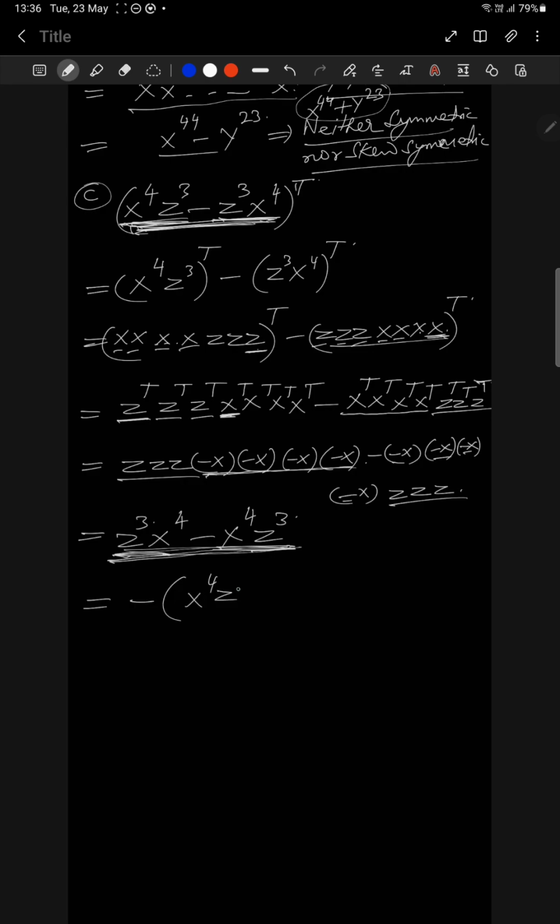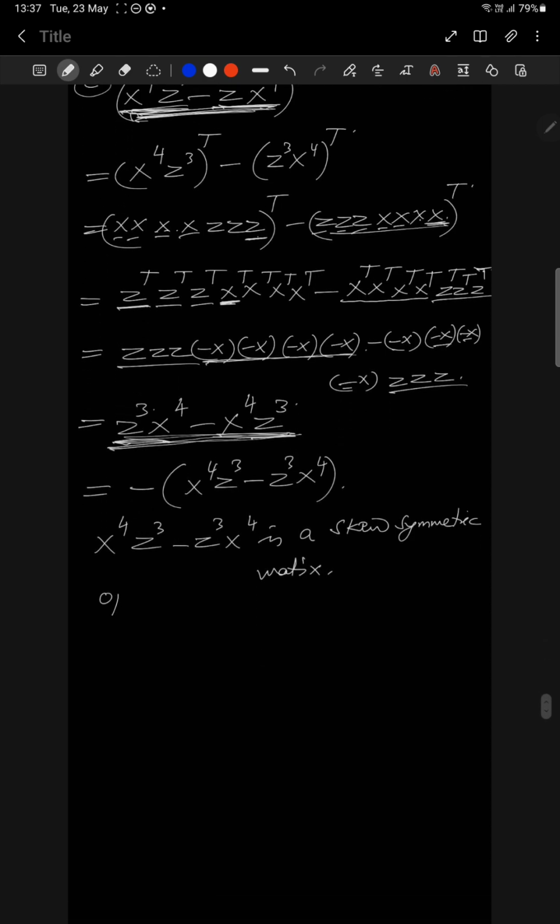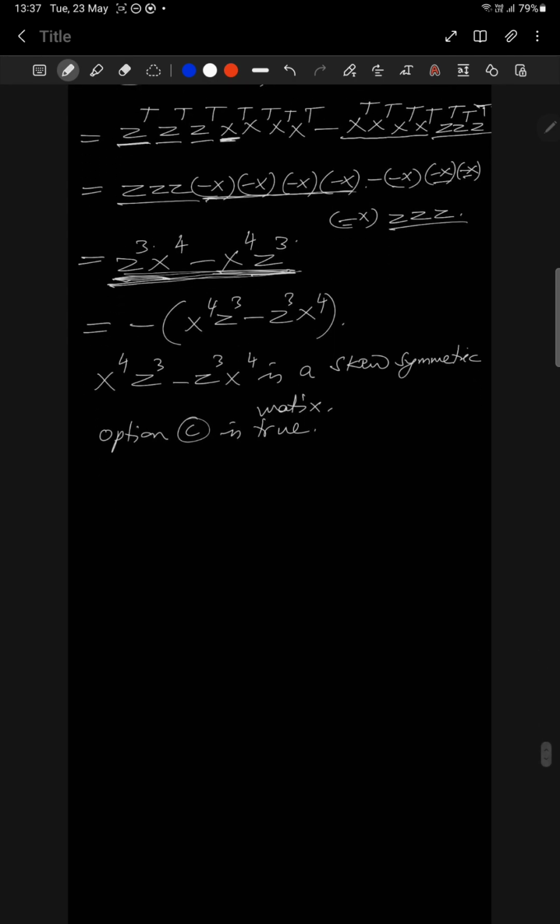So x to the power 4 z to the power 3 minus z to the power 3 x to the power 4 is a skew symmetric matrix. This is what we are looking for. So option C is true.